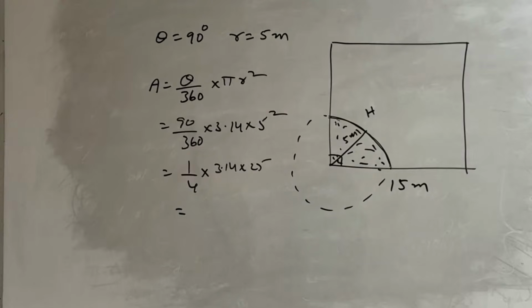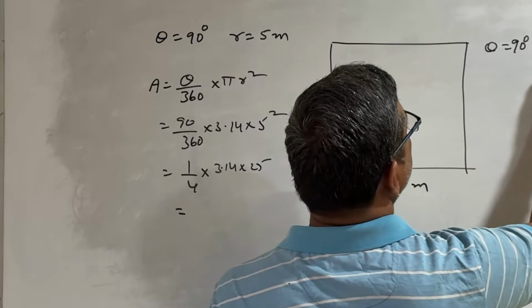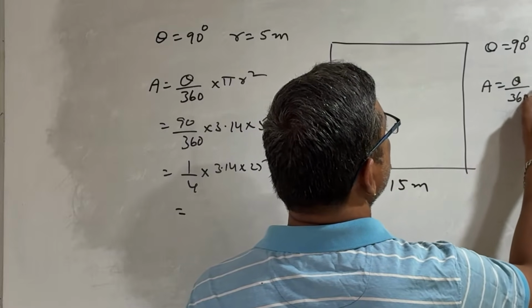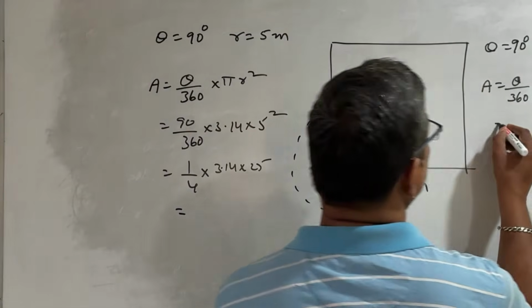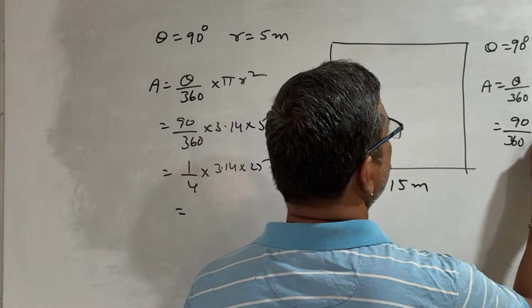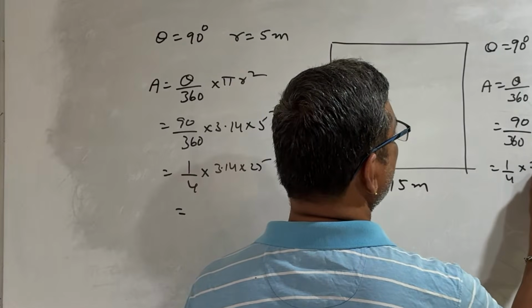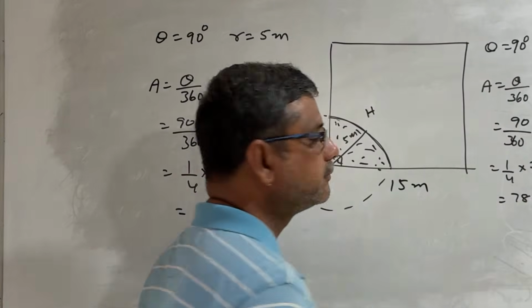Again, area of sector, that is 90 by 360 into 3.14 into 10 square. 1 by 4 into 10 square, which is 100. So 78.5.